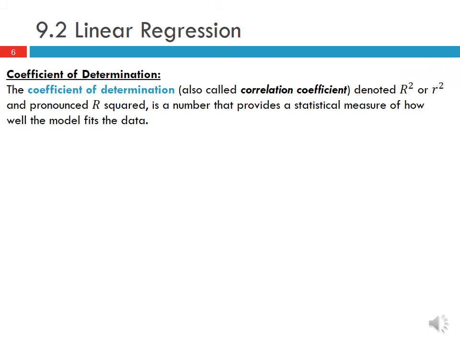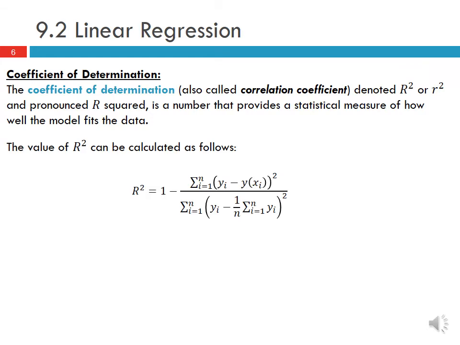So it's important to talk about the coefficient of determination, which is also called the correlation coefficient. It is denoted R squared, or sometimes small r squared, and pronounced r squared. It is a number that provides a statistical measure of how well the model fits the data. So the value of r squared is calculated as shown here. It's 1 minus the sum of the actual data minus the model prediction of the data, so this is our delta i's squared.